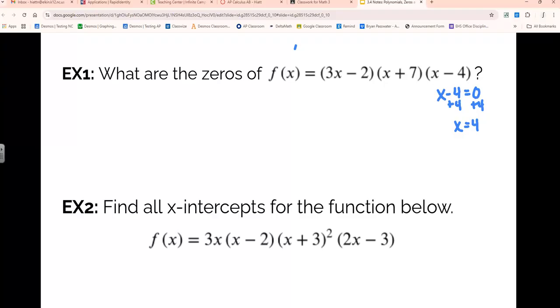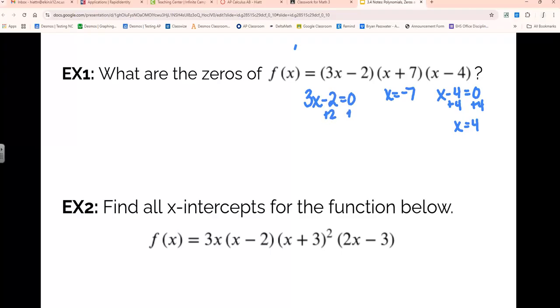All right. What else would work? -7. So that comes from right here because x plus 7, if we set it equal to 0, we just move the 7 over, we get -7. All right. The third one's a little harder to find. What would we do, Mabry? 2 over 3. Very good. Because we can just say 3x minus 2 equals 0.